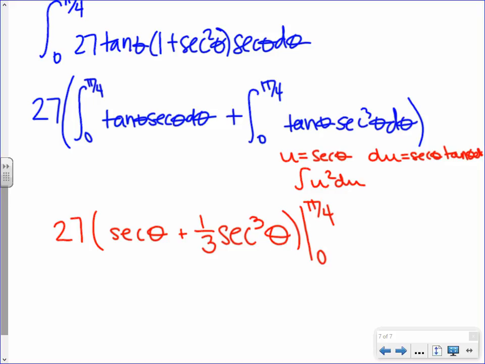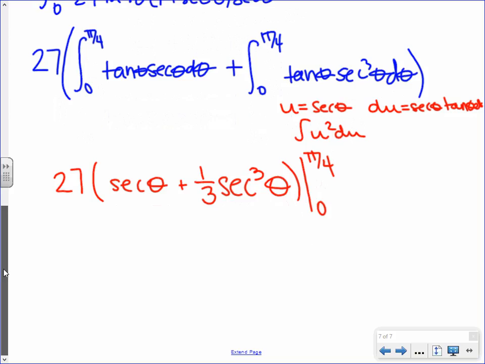So now, what's nice is instead of having to change these back to our x's, we can just plug in pi over 4 and plug in 0 and get our valuation. So, let's do it. Ready? So we have 27 times. First, let's plug in pi over 4.